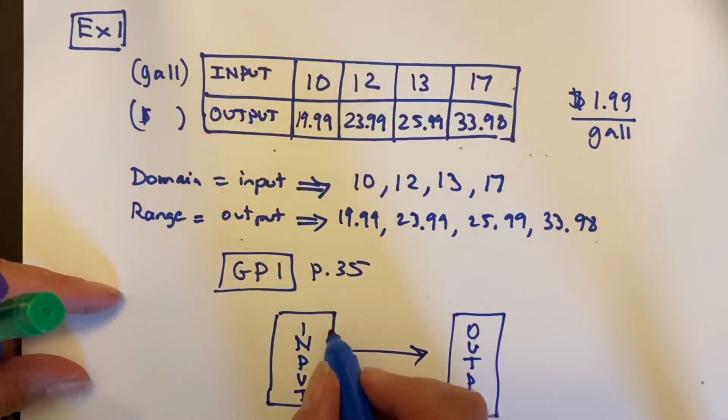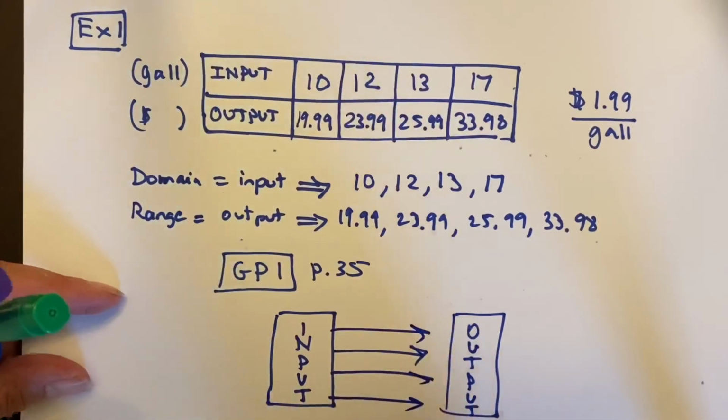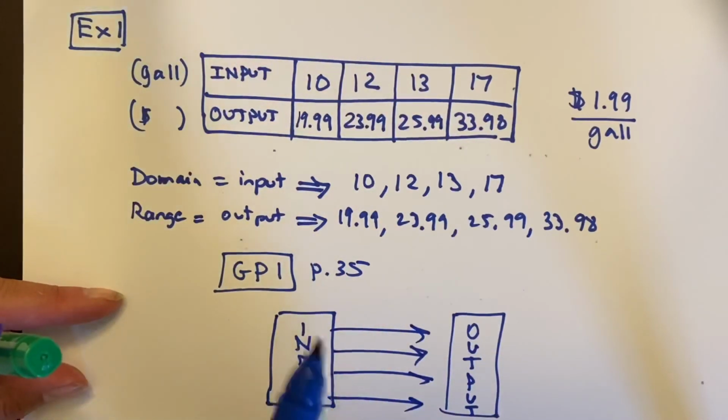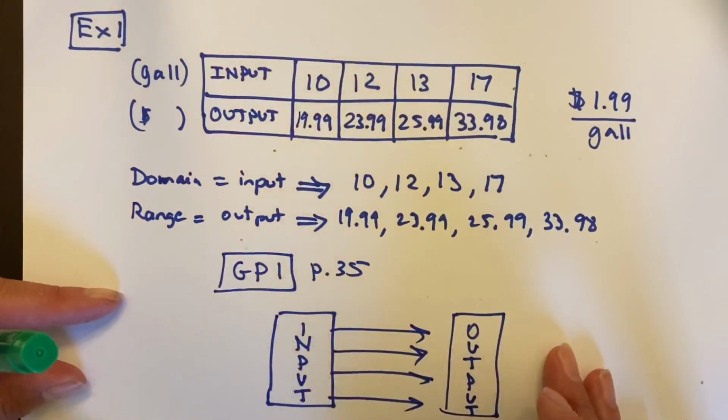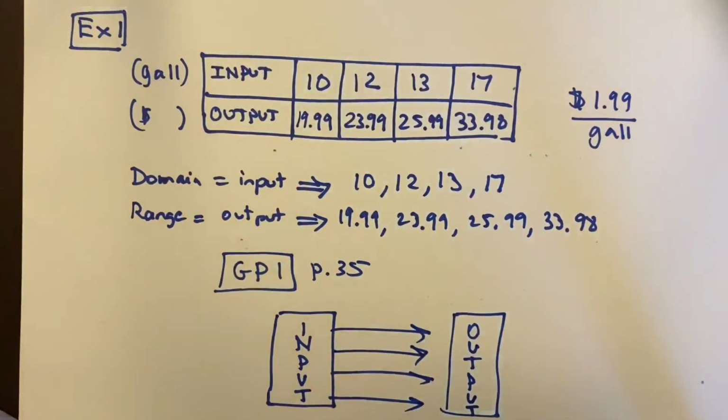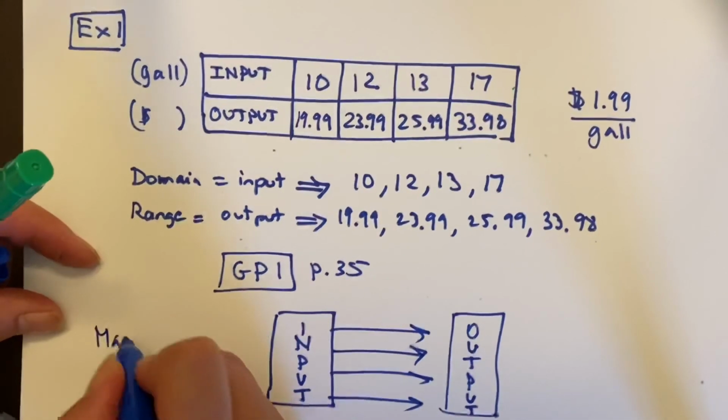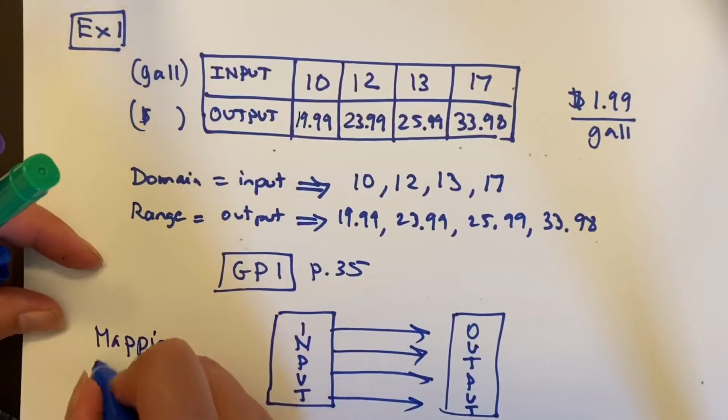And it connects them to each other. Okay, and remember, the input is the domain, the output is the range. The input is the X, the output is the Y. Okay, so let's look at, this is called a mapping diagram.